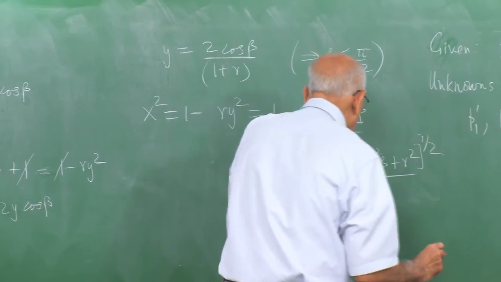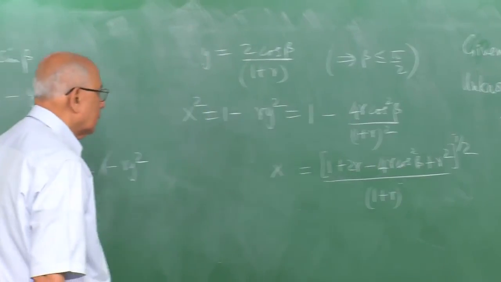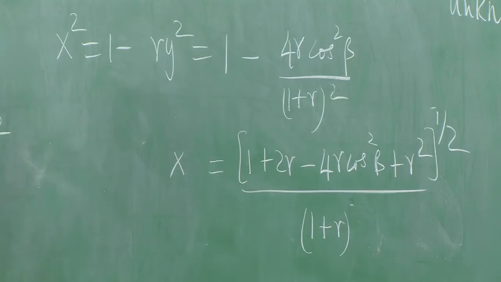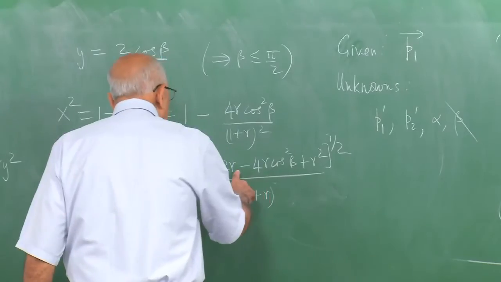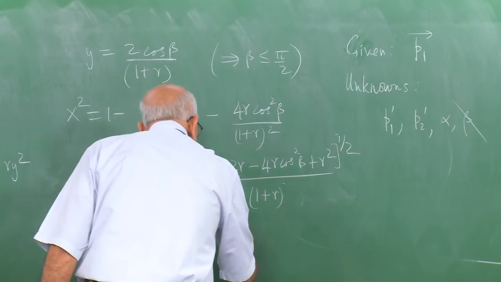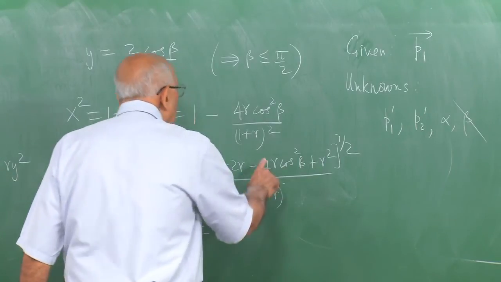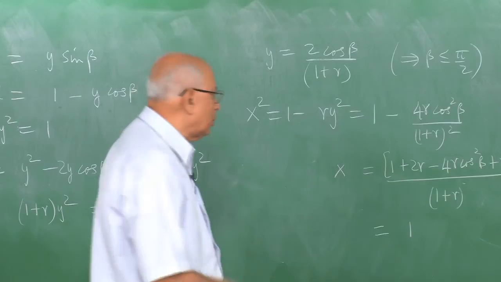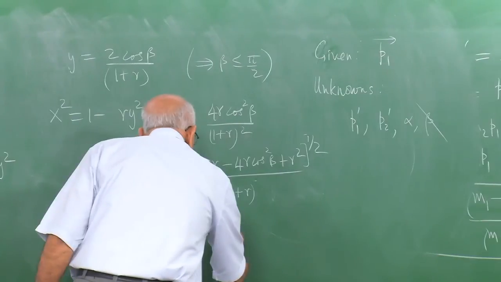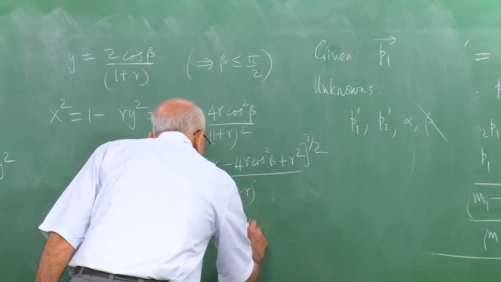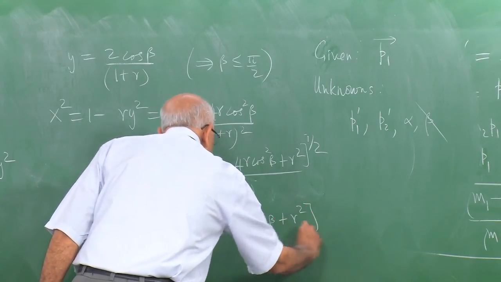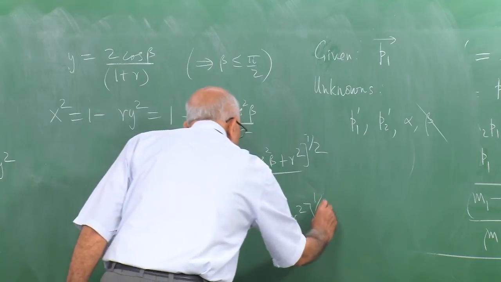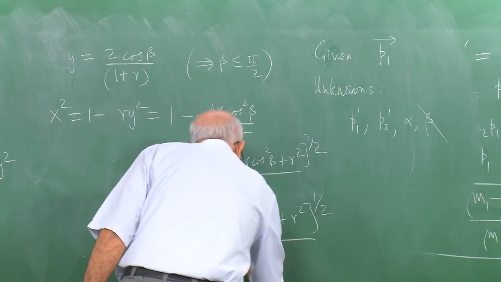half 1 plus r, in this fashion. But we can simplify that a little bit. I can do that by writing this as 1 plus r squared and then a 2r, so it's 1 plus 2r, 1 minus 2 cos squared beta, that's minus cos 2 beta. So this is equal to 1 minus 2r cos 2 beta plus r squared, to the power half, divided by 1 plus r.